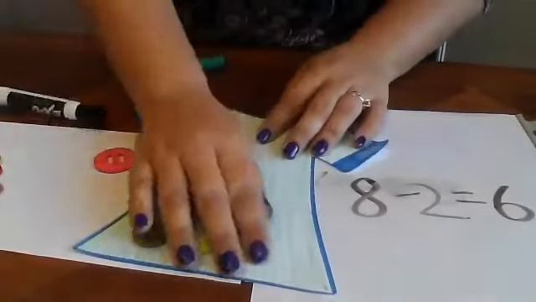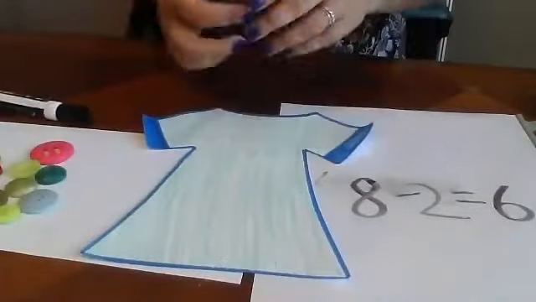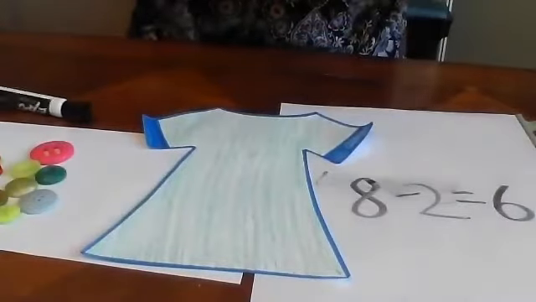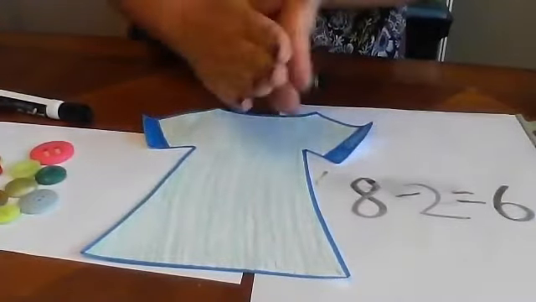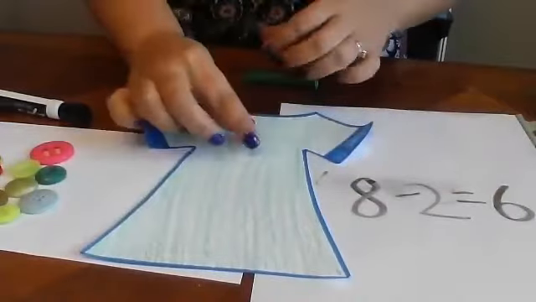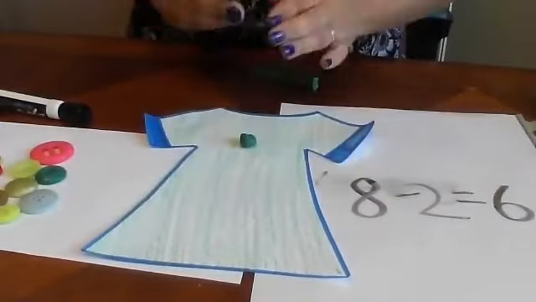If you don't have buttons, you can use the Play-Doh that I gave you in your pencil box, and you can make buttons. You can pinch and roll, which is really good for those little finger muscles, and you can make buttons.